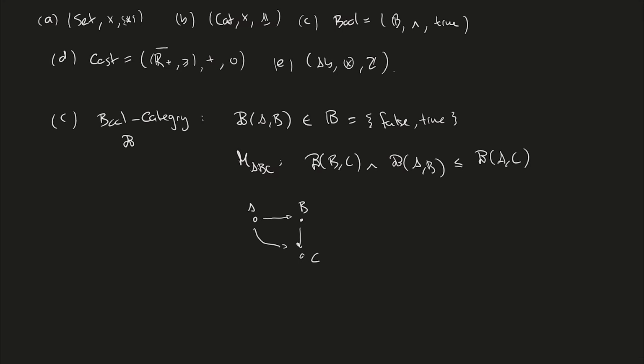So let's see what this means. For example, if the first arrow between A and B is true, and the second arrow is false, then this means that taking true and false, which is just equal to false, needs to be less than or equal to whatever value is in the arrow between A and C. Now in this case, this doesn't place any restrictions on this value.